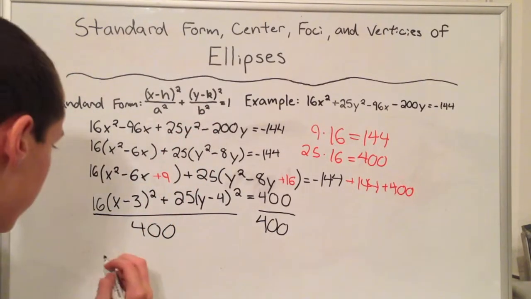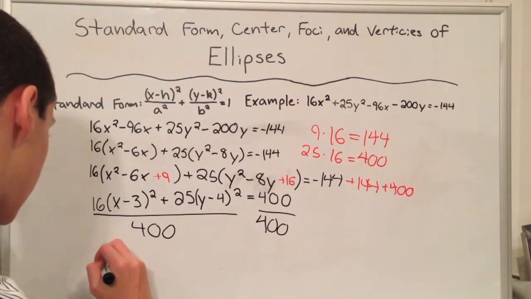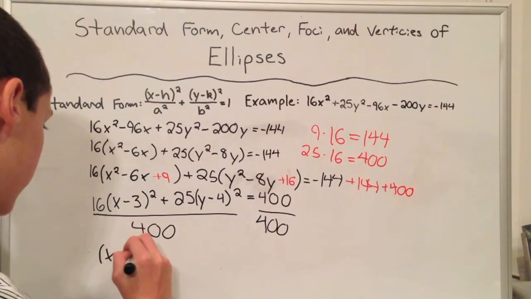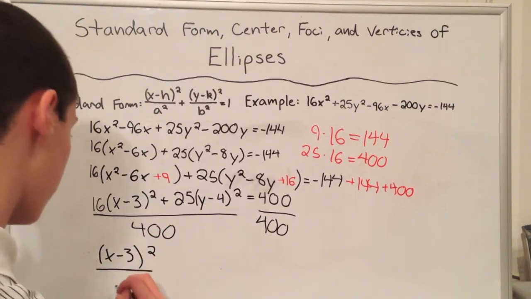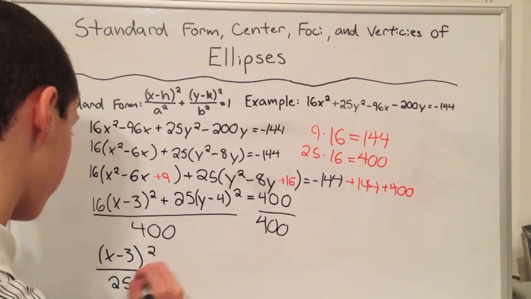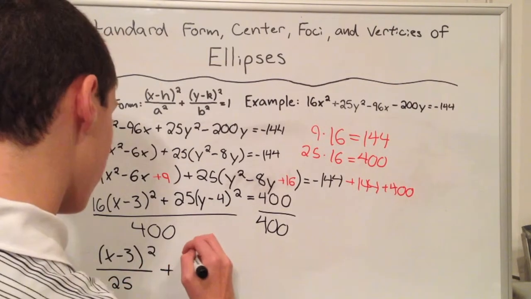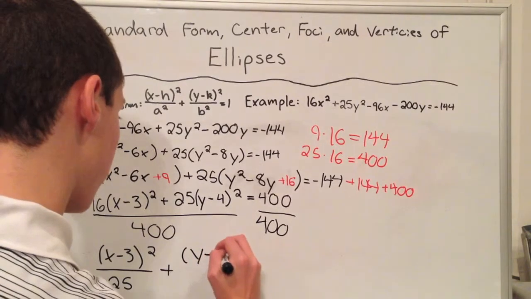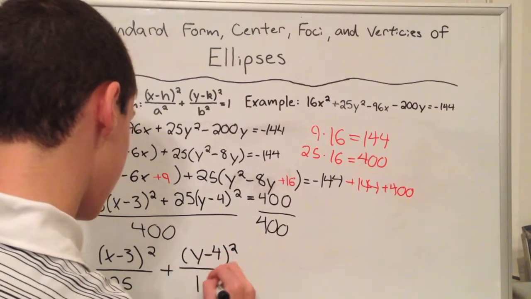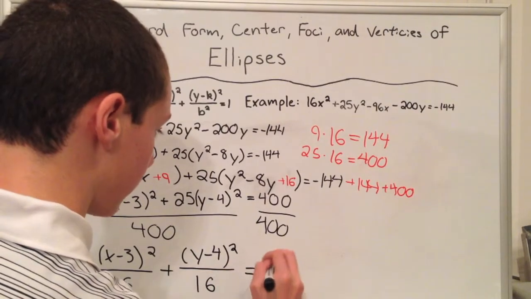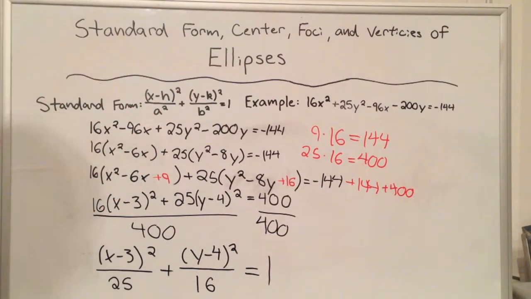And so after you do that, you will get x minus 3 squared over 25 plus y minus 4 squared over 16 equals 1. And that is your standard form of the equation.